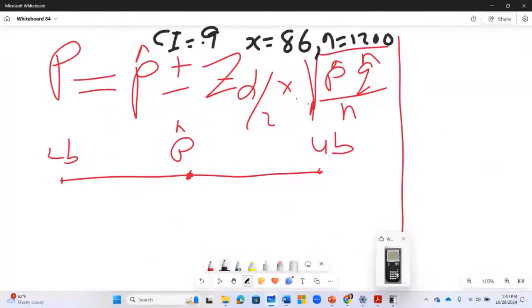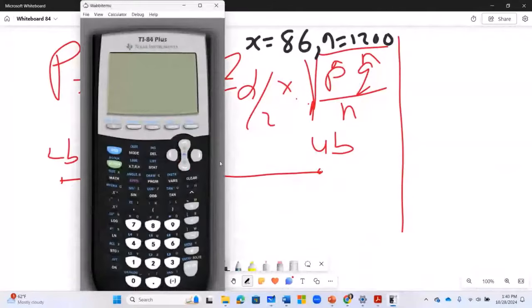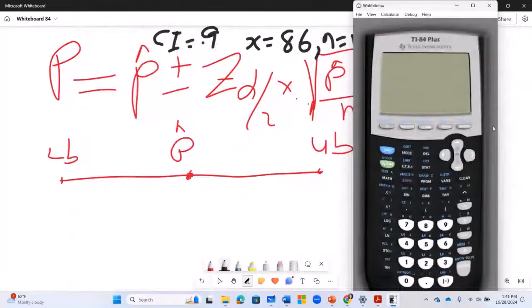All this time we have been doing confidence intervals for proportion. I will go to my calculator, press stat, arrow to test, and arrow down to look for 1-PropZInt. I know that it takes time, but you can find it.